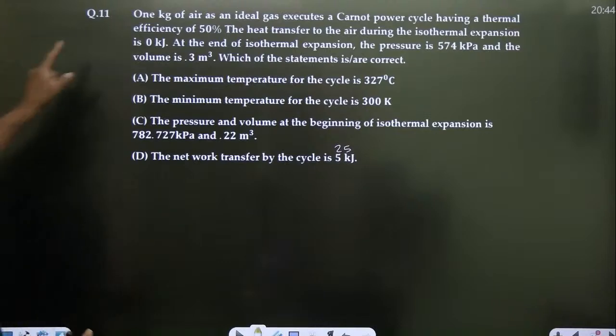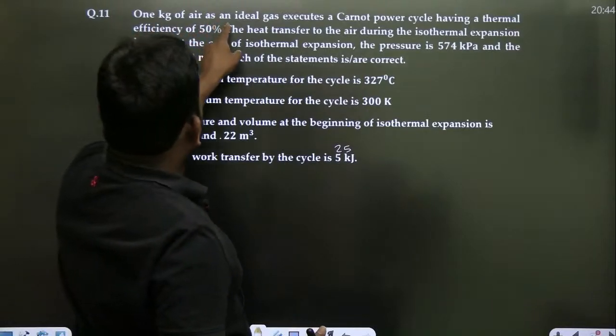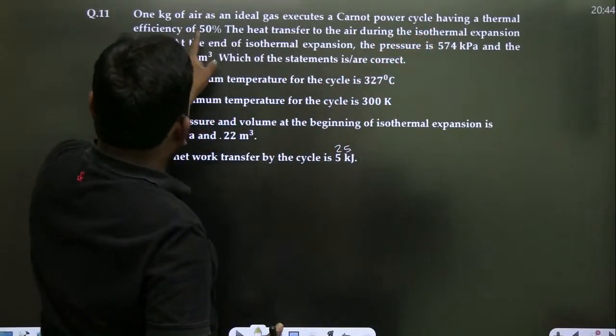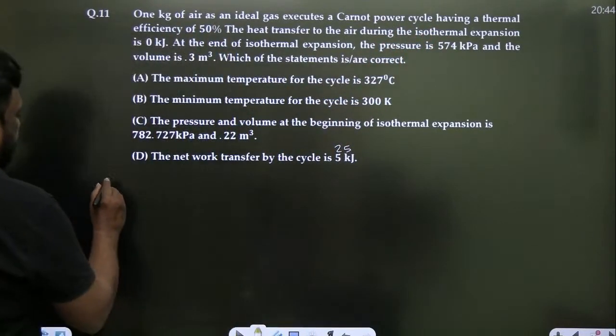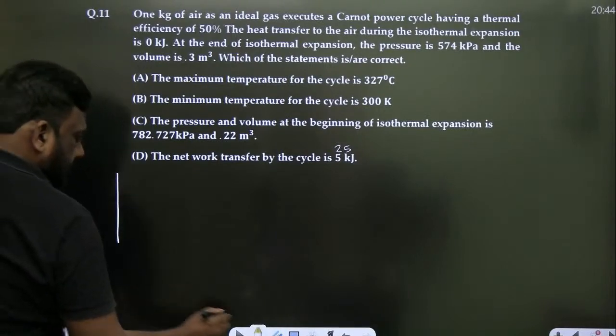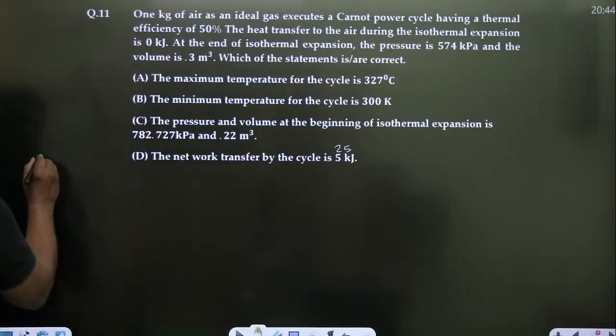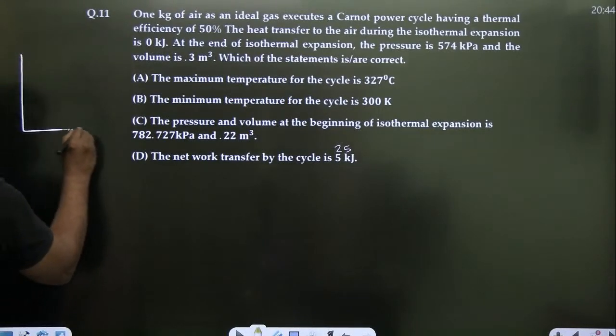देखो, 1 kg of air as an ideal gas executes a Carnot power cycle having thermal efficiency of 50%. Okay. Can you draw Carnot power cycle, dear students?